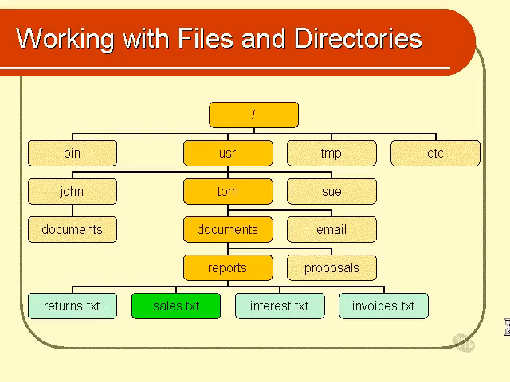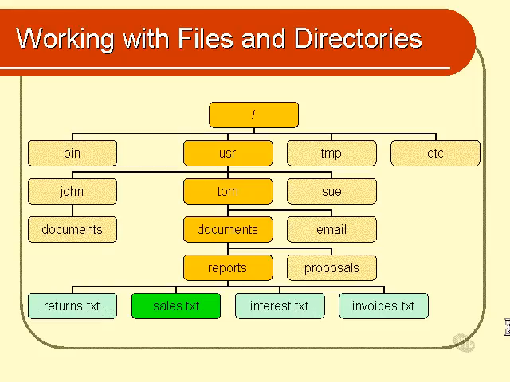So, for example, starting with the root of the tree, we find that we have 4 main branches: bin, usr, tmp, and etc. Now we're going to ignore the contents of the bin, tmp, and etc branches and focus just on usr. We find that that has 3 smaller branches on it: John, Tom, and Sue. And then we're just going to focus on Tom and ignore the other 2.